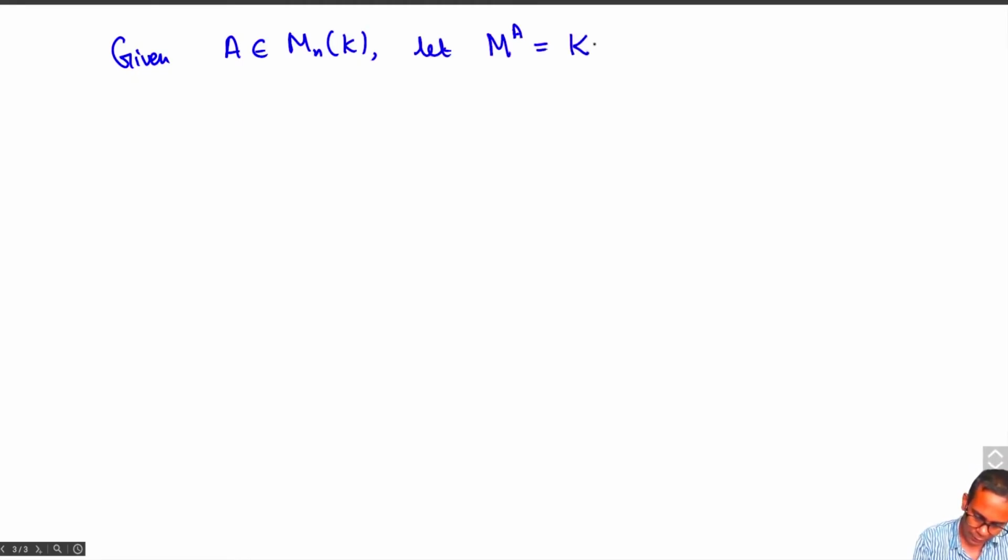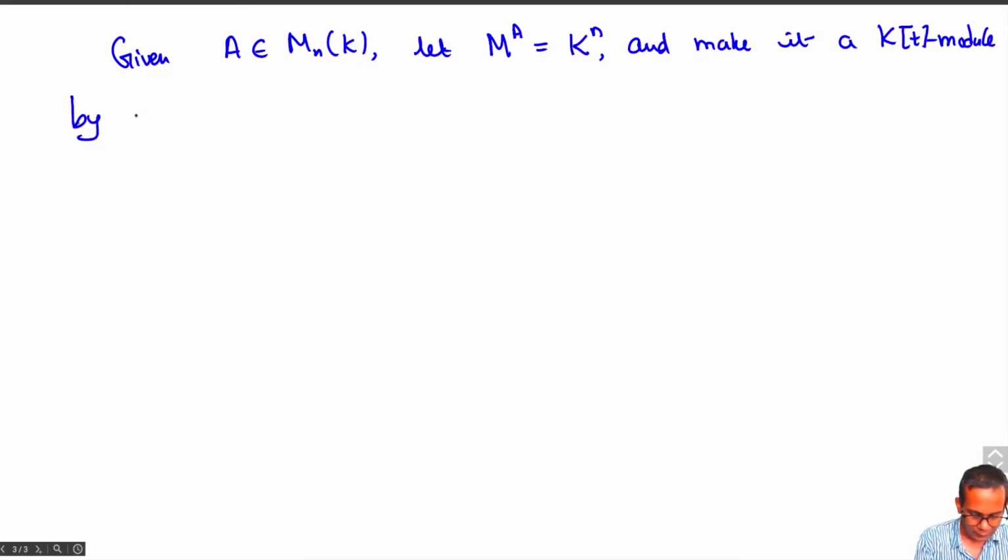So we just take M_A to be K to the power n and make it a K[t] module by allowing t to act by A. So what I'll say is by setting f(t) times a vector v to be f(A)v.